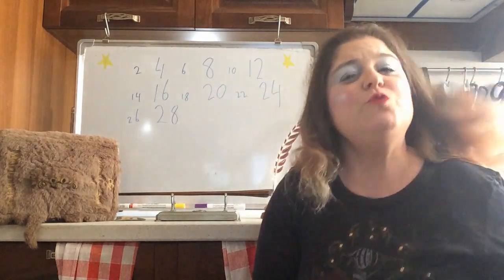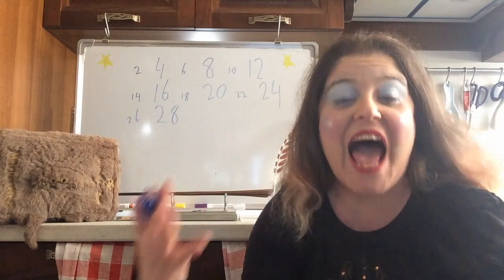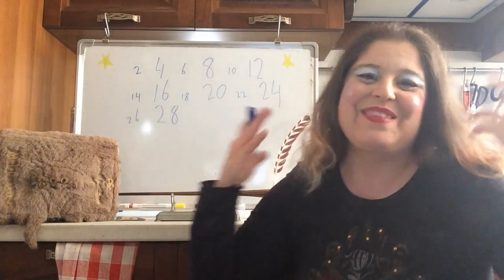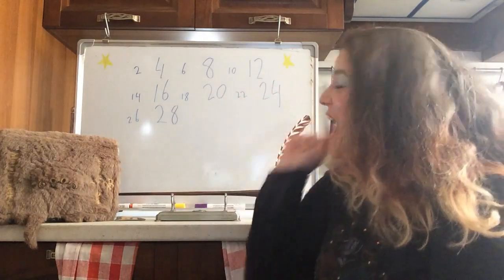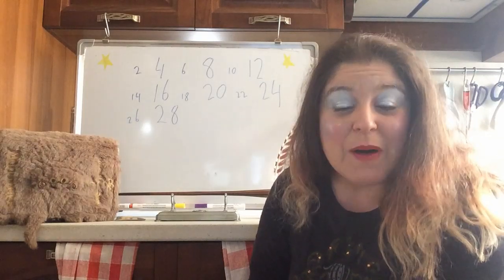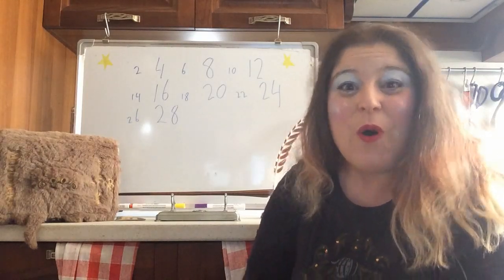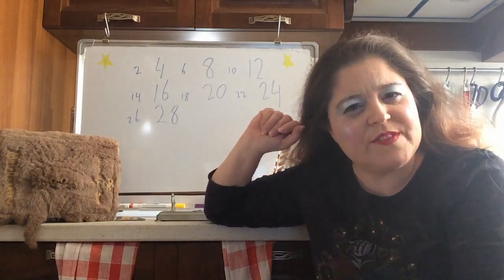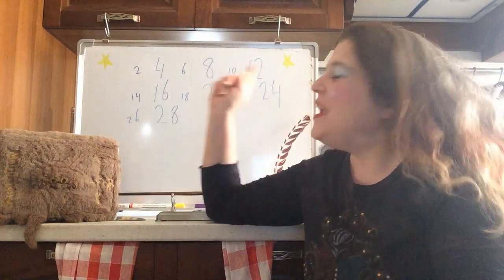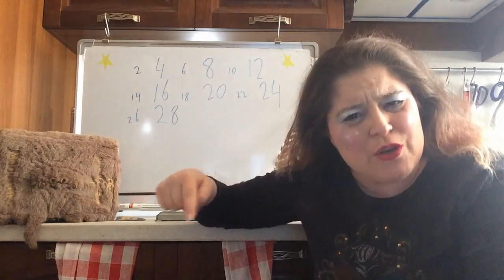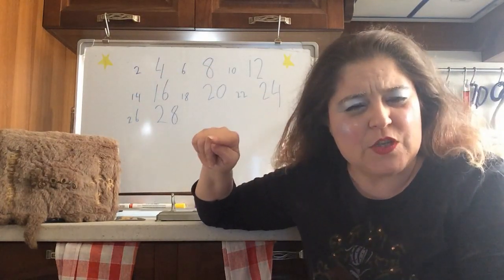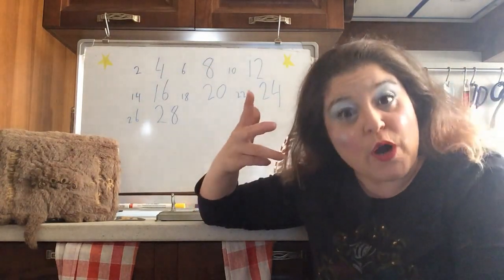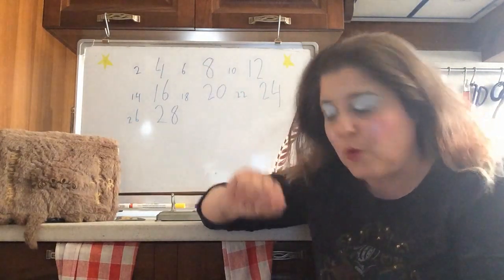Now, what did you notice about the numbers that we said loudly? Very good. The loud numbers are all multiples of 4. Well done. Looking at what we've done so far, we can see that we can use the multiples of 2 to help us work out the multiples of 4.